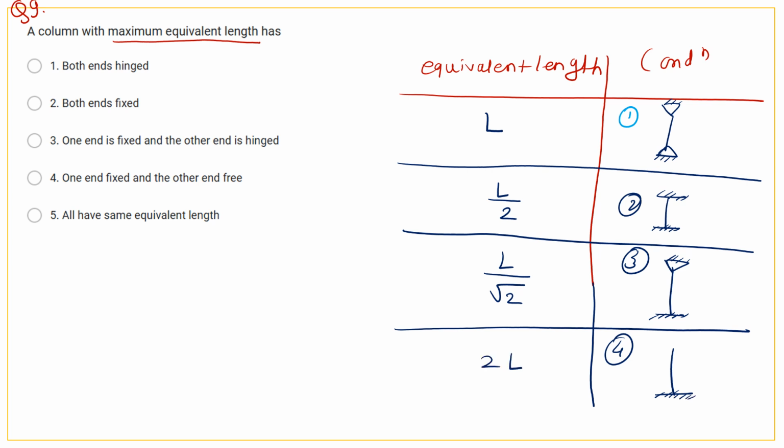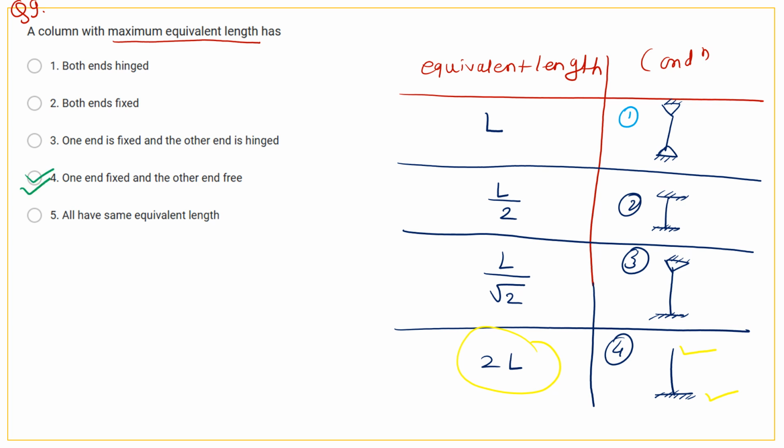By seeing this chart, they ask about the maximum equivalent length. Here the maximum equivalent length is 2L, for the condition that one end is fixed and another end is free. So option number 4 is correct.